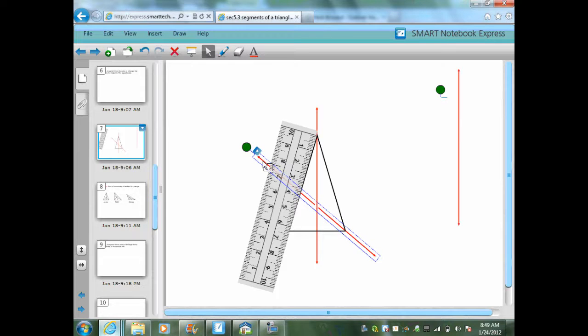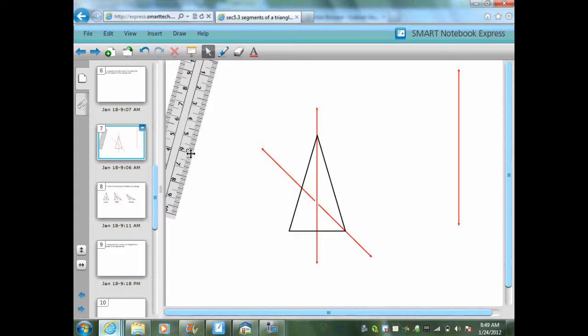So I just keep rotating and playing till I get it to go through the vertex and through 3.2, or as close as I can get. And I think I have to rotate it back just one more bit. That's about as close as I can get to it. And now I have two medians of this triangle.